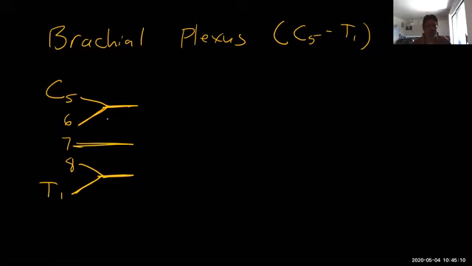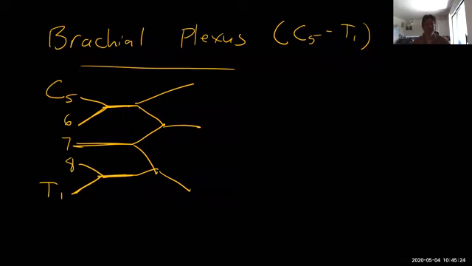C7 remains unbranched. And then you're going to get some fibers from this trunk here, merging with this guy here, and this guy here, merging with this guy here. So what we're starting to see, this is a plexus. Now, I don't care that you know what they look like or where they're going. I just want to give you the general idea that the nerves are all mixing together before they separate.